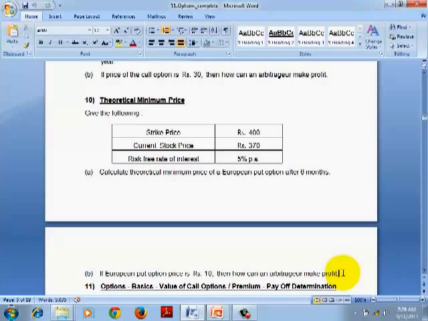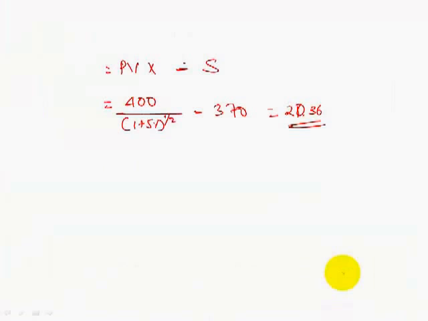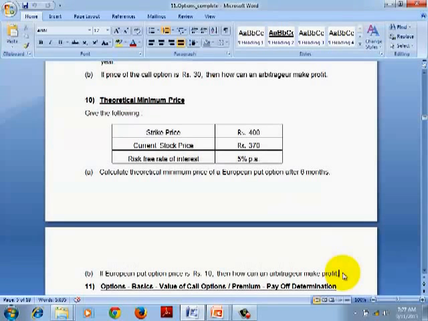Write down the answer for part B. Since the put option is undervalued, there is an arbitrage profit opportunity of rupees 10.36, which can be exploited as follows.